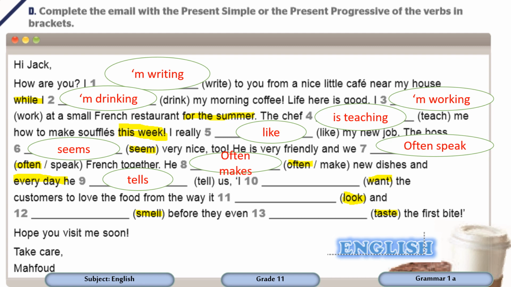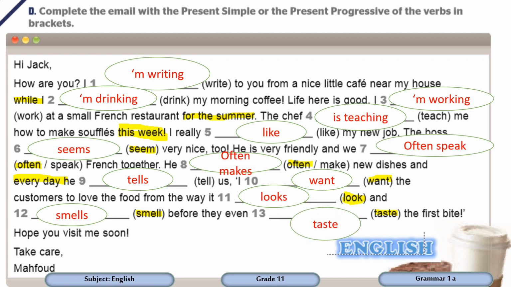All of these verbs are stative verbs, so we should use the present simple: I want, it looks and smells before they even taste the first bite.